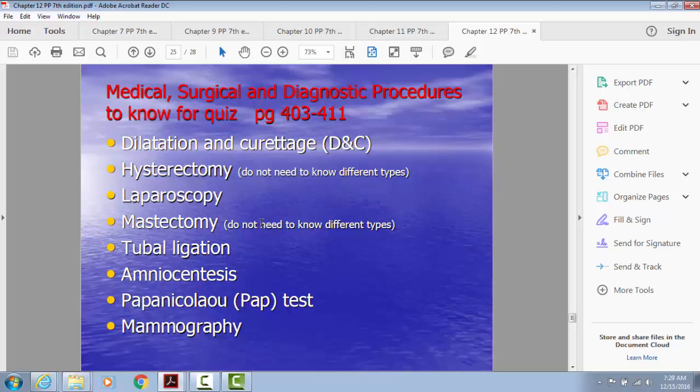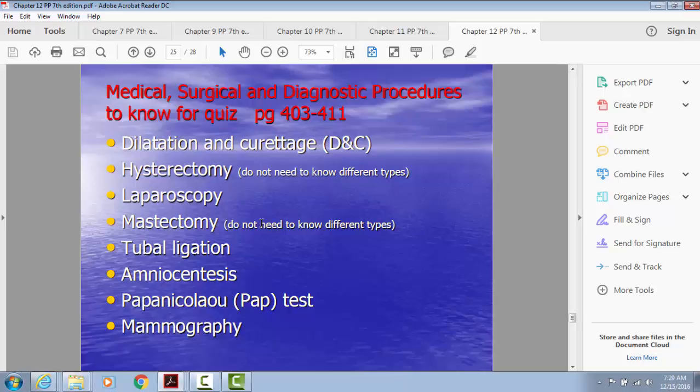So if someone has had a miscarriage, they will do a D&C to scrape out any of the fetal remains. Females may have this procedure done if they have dysfunctional uterine bleeding. That will clean out the inside of the uterus so that they don't have bleeding when they shouldn't. A hysterectomy is excision of the uterus. There are different types, you don't need to know that. Just know that a hysterectomy is removal of the uterus.